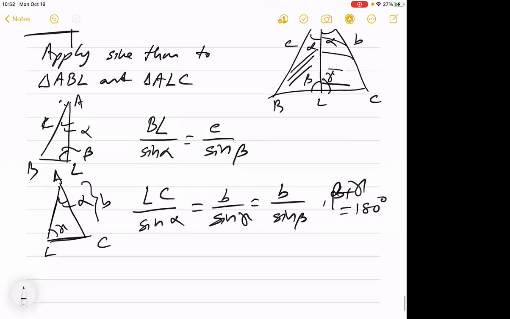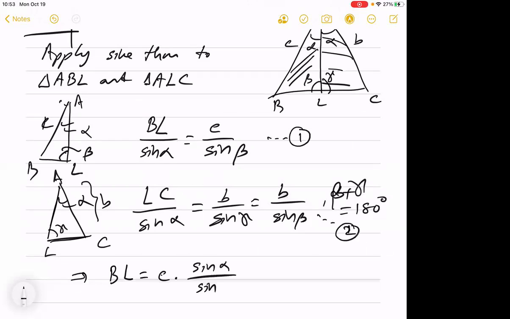So therefore, from the first equality, BL is c times sine alpha over sine beta. And from the second equality, we have LC is b times sine alpha over sine beta.